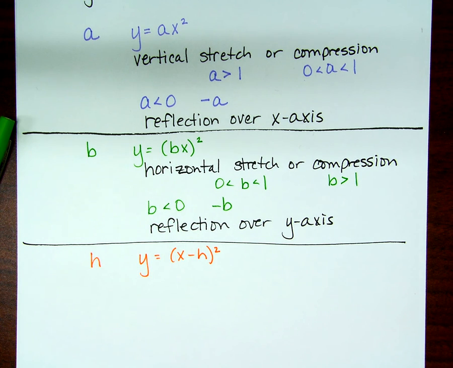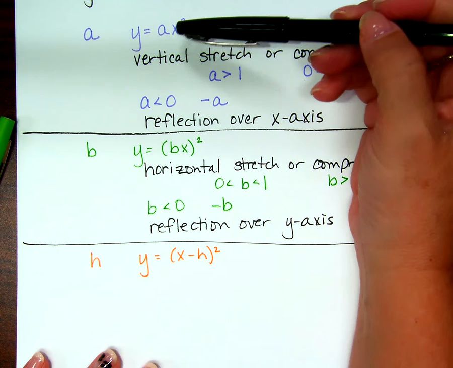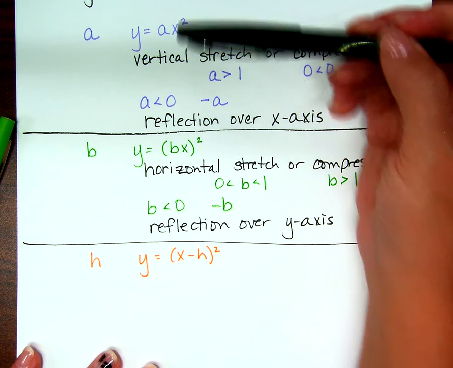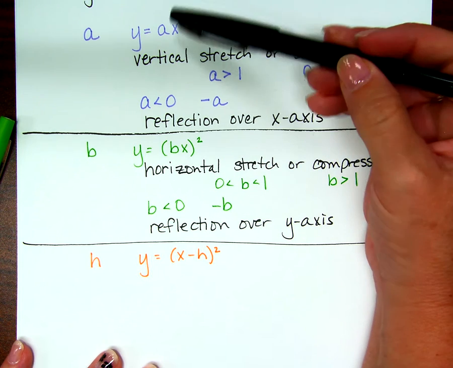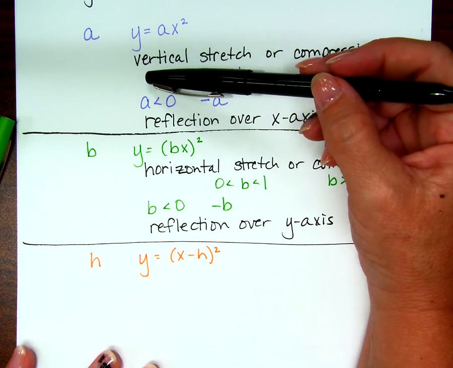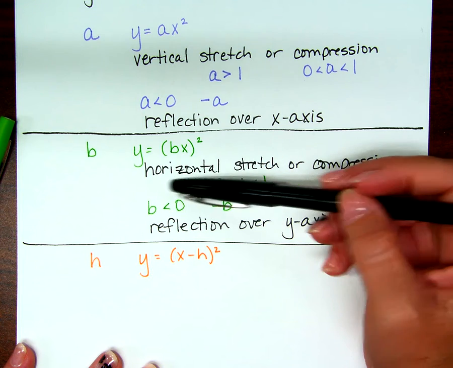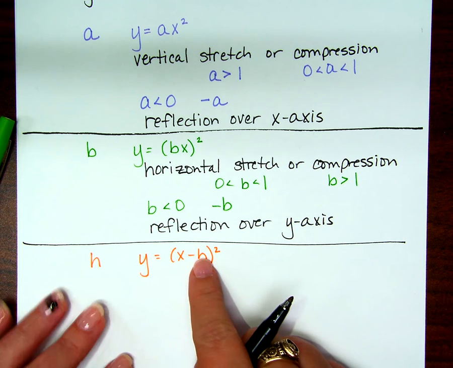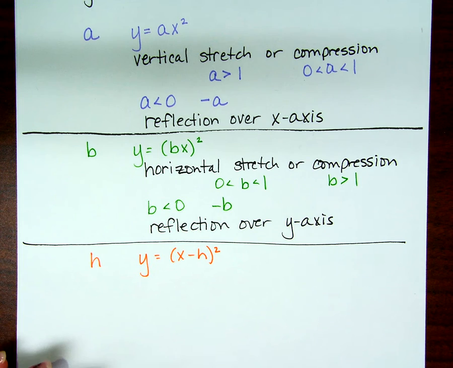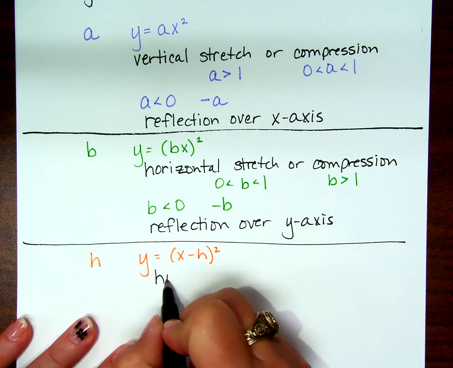Look at A and B. Where was A? Inside or outside? Outside. Where was B? Inside. So what kind of change happened with A? Vertical. What kind of change happened with B? Horizontal. Okay. So where's H? Inside. So what kind of change is it going to cause? Horizontal.